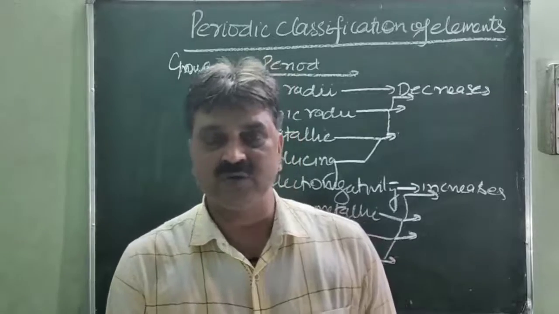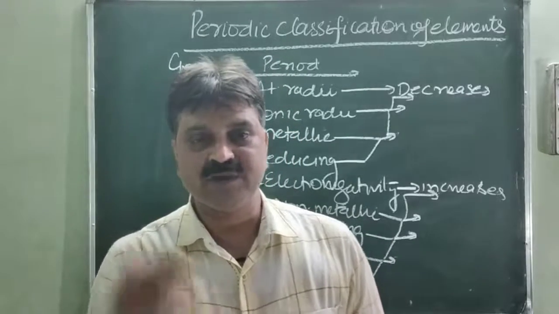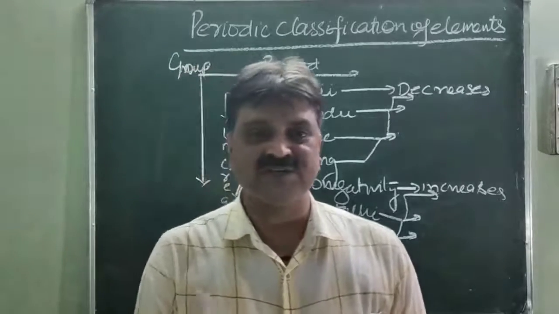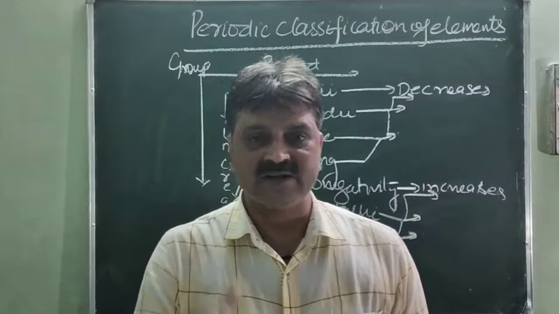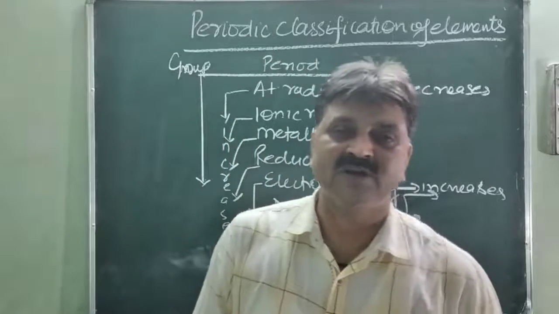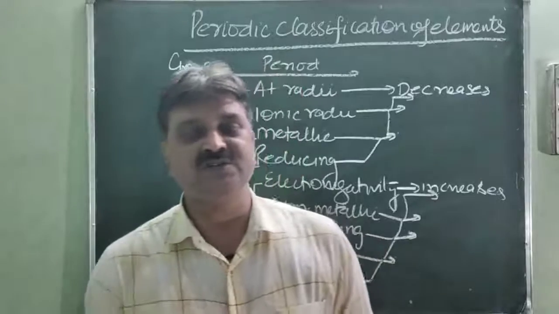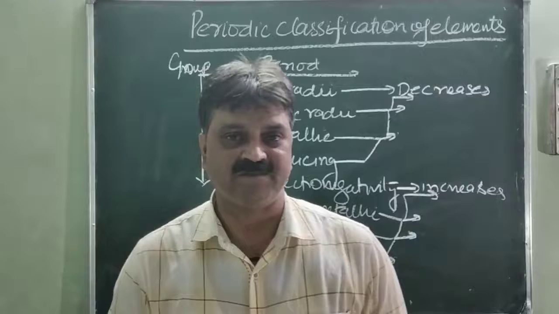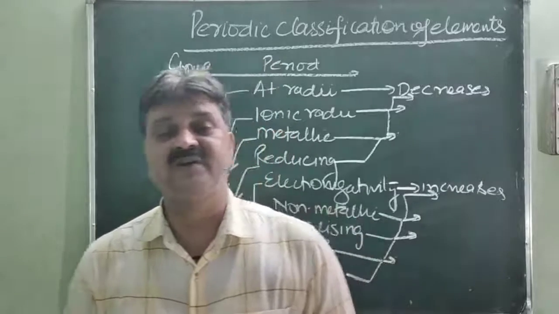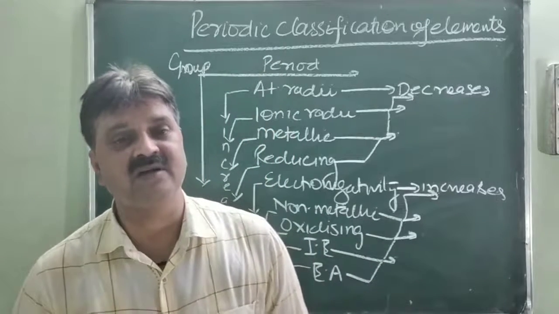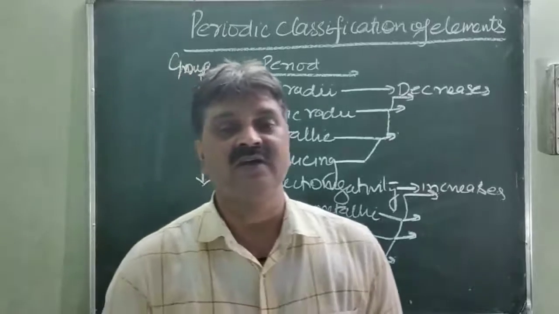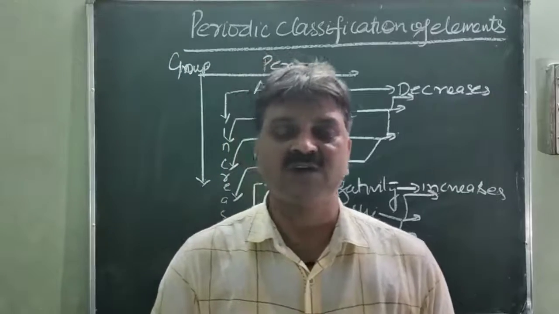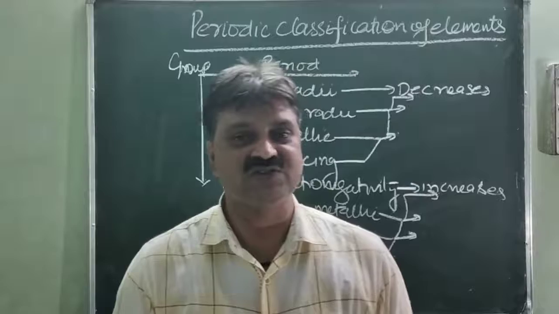It is classified into the S block on the left side, the P block on the right side, and in between S and P is the D block. At the bottom of the main periodic table there are 2 separate series, the 4f series and the 5f series, called the F block elements. The S and P block elements are called representative elements, D block elements are called transition elements, and F block elements are called inner transition elements.